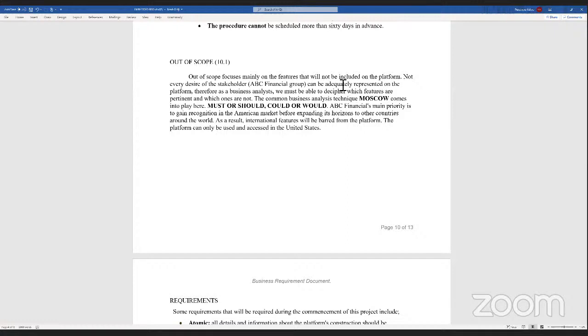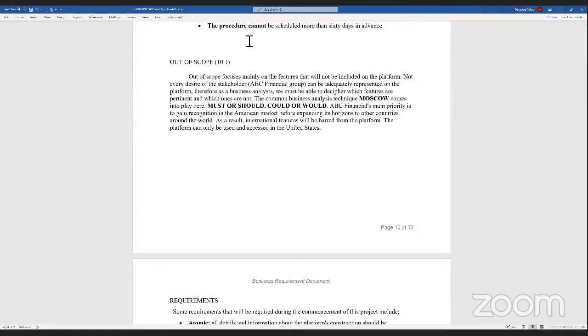ABC Financial's main priority is to gain recognition in the American market before expanding its horizon to other countries. So as of now, the platform would only be accessible in the States. And as we grow with them, like I said, then we would have an international audience.